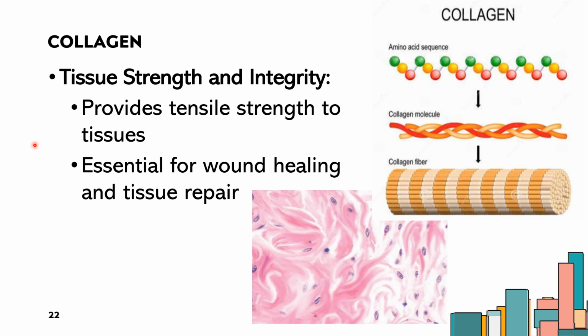Please note that at some point in the synthesis of your collagen, there is a part that needs vitamin C. For collagen to be synthesized, it needs vitamin C. That is why if there is a deficiency in vitamin C, it will affect your synthesis of collagen, and it will affect the integrity of the collagen being produced.